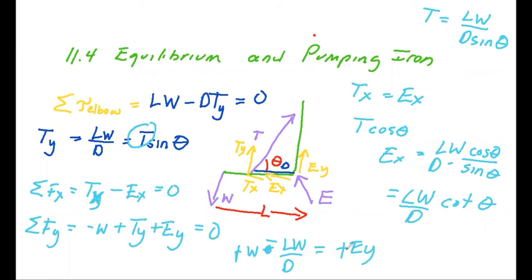E sub Y equals W minus LW over D. I guess they just multiplied through by a common denominator. So what they did was WD minus LW over D equals E sub Y. All right, and that was 11.4.